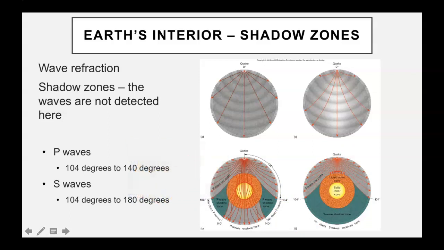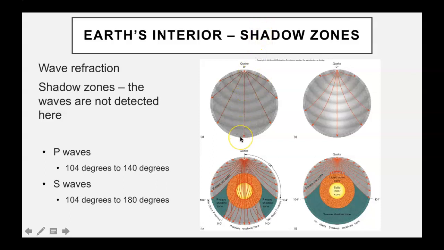So an earthquake shadow zone means that if an earthquake occurs, so the top of the globe here, the earthquake is occurring. If the Earth were just one solid ball with a consistent, homogeneous physical state and what it was made out of, the waves would just travel right through it.